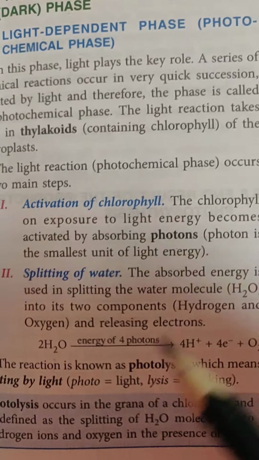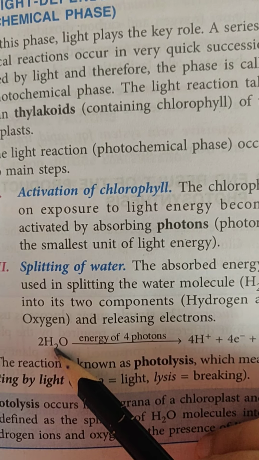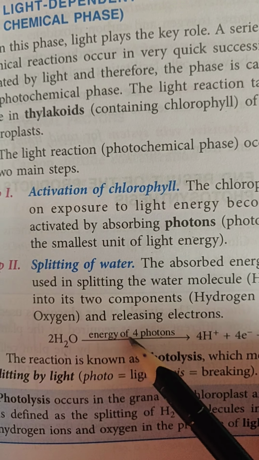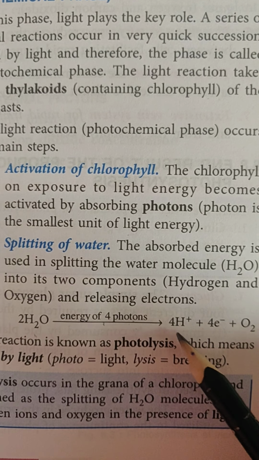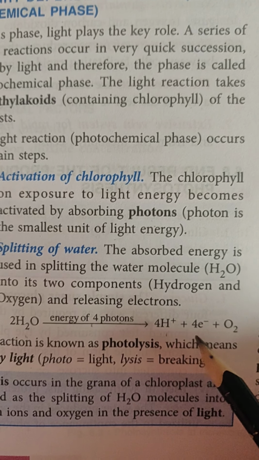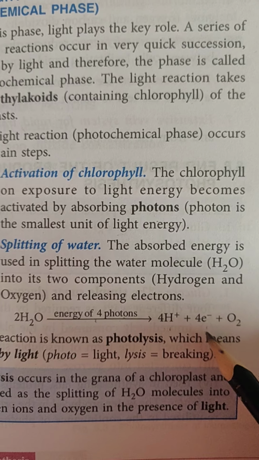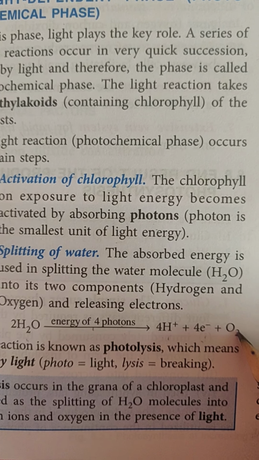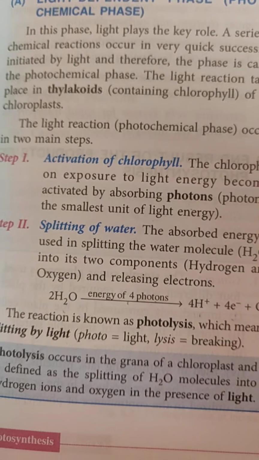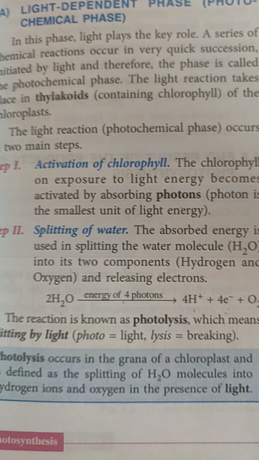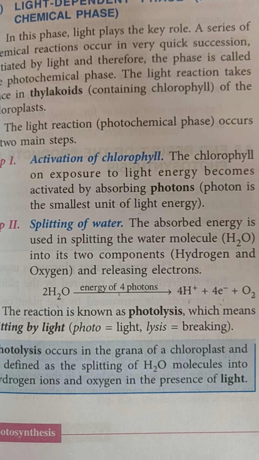The equation looks like this: 2H2O, using the energy of 4 photons, breaks down into 4 hydrogen ions, 4 electrons, and molecular oxygen. As this is breaking down of water, it can be called lysis.